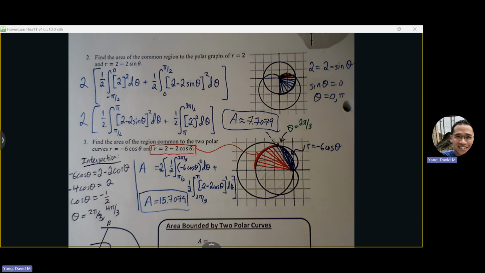But then from -2 pi/3 to, from -pi/3, pi/2 to 2 pi/3, that will get us that full region. So if you wanted to do this, it should work. Sorry, maybe 2 pi.